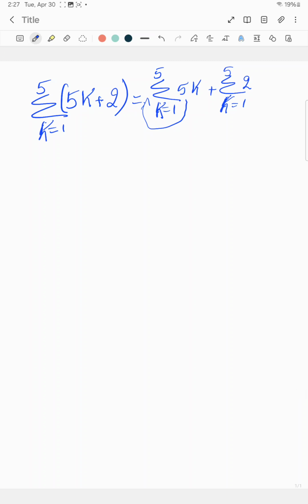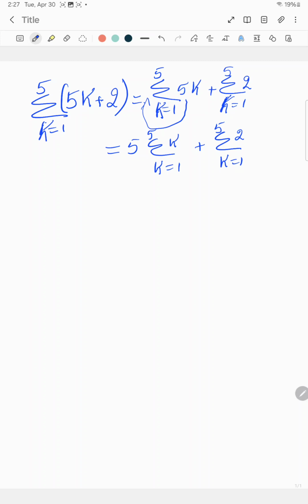For k equals 2, I will have 5 times 2, 5 times 3. So what I will do is 5 times whatever is the answer. So this is equal to 5 times the sum of k equals 1 to 5 of k, plus the sum of k equals 1 to 5 of 2.